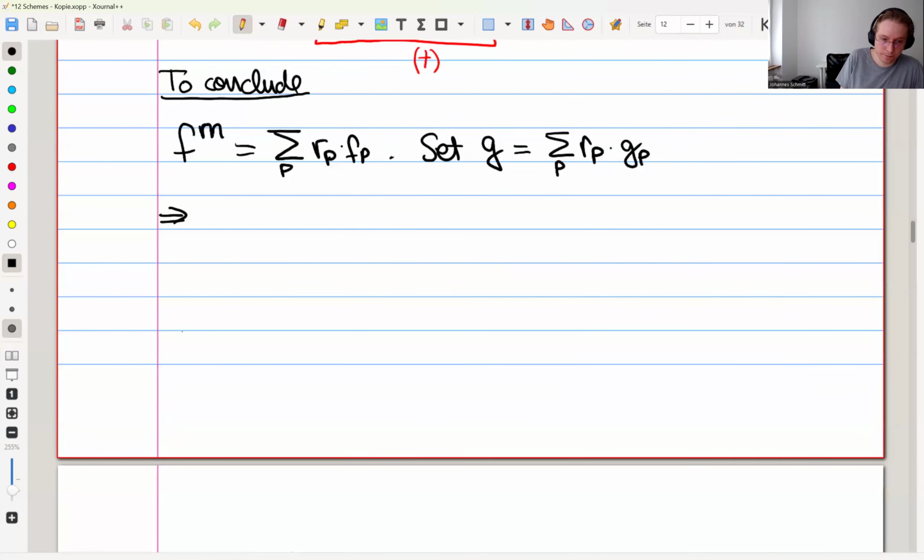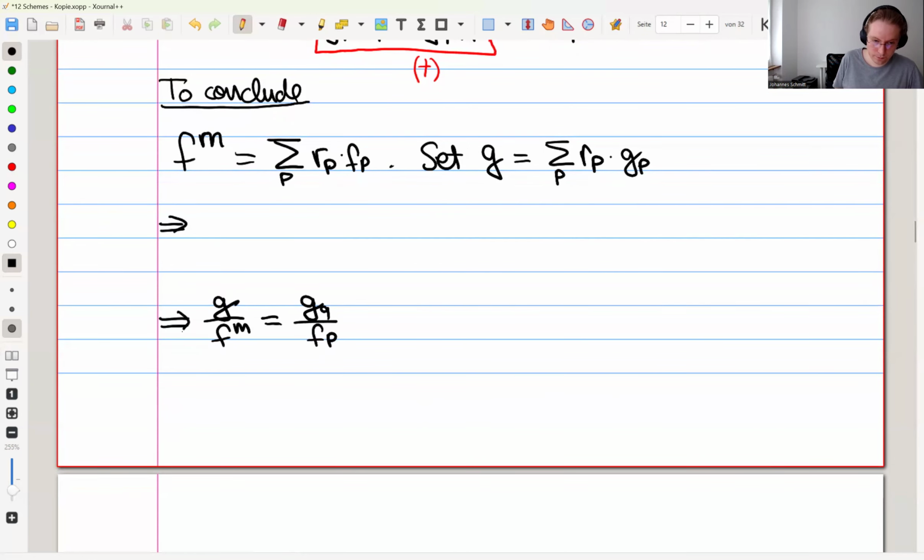And then we check an equality. So we want to check, let me write it like this, that g divided by f to the m is equal to this gq divided by fq on d of fq.